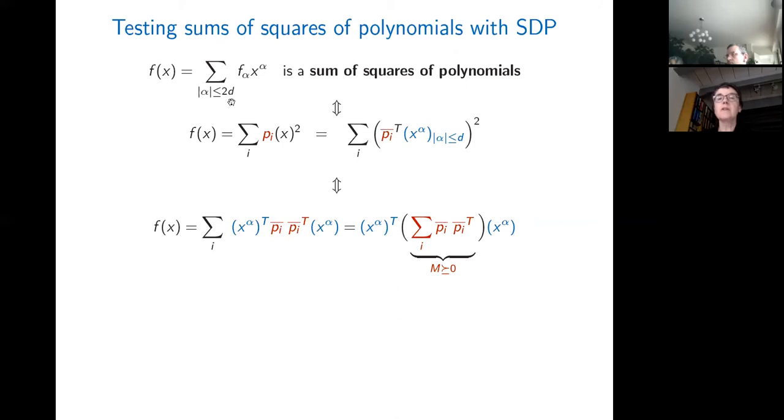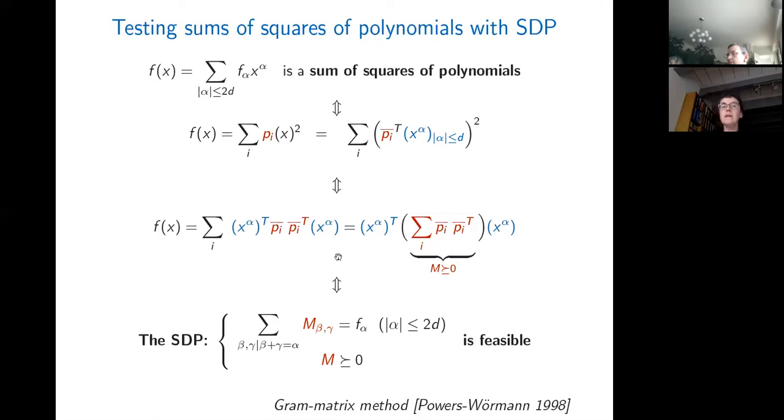We learned that f is a sum of squares of polynomials if and only if I can find a matrix M which is positive semi-definite and which satisfies this identity. So we have an identity, f of x is equal to the monomial vector x alpha transposed times M times x alpha. So we have a polynomial identity, and now it suffices to equate the coefficients on both sides of this identity. So f alpha is equal to the coefficient of x alpha here, and this is exactly what is expressed here.